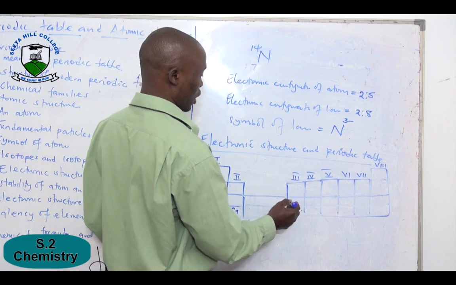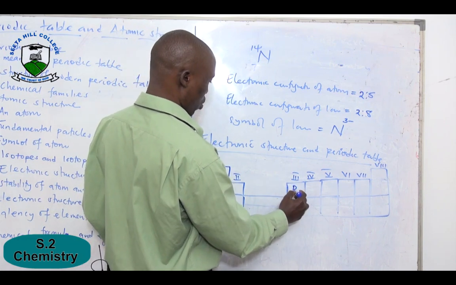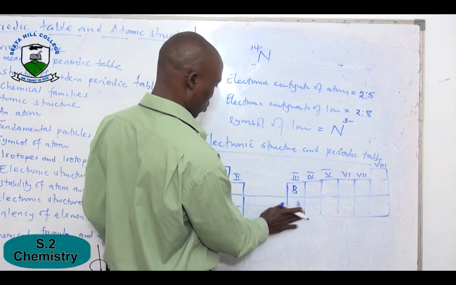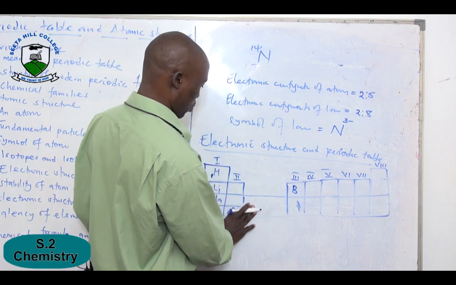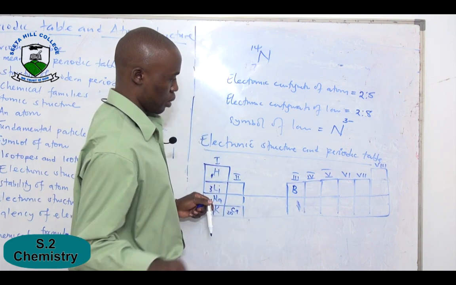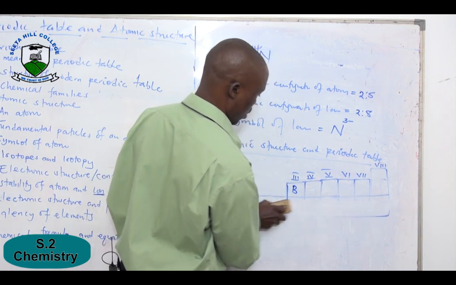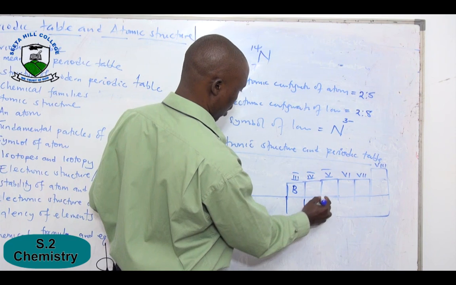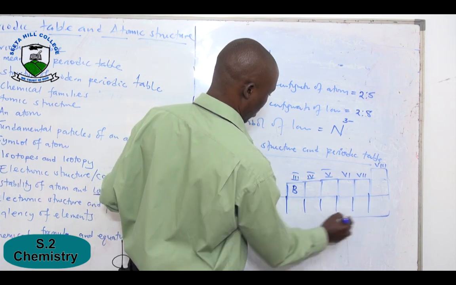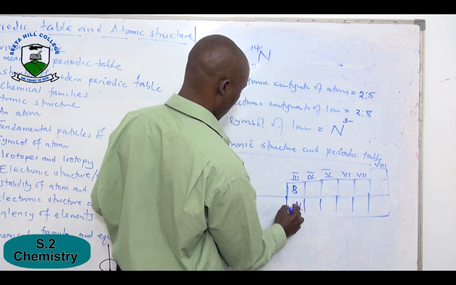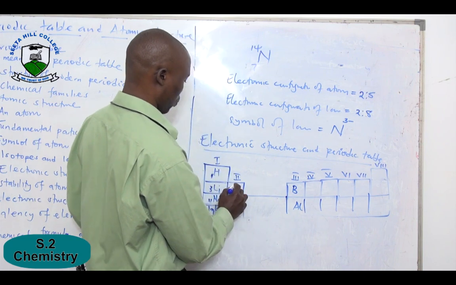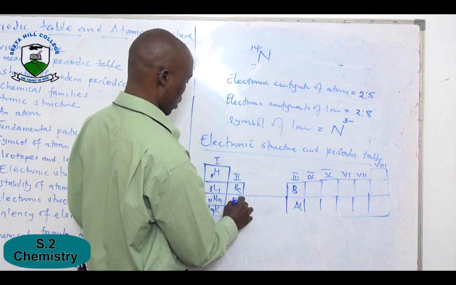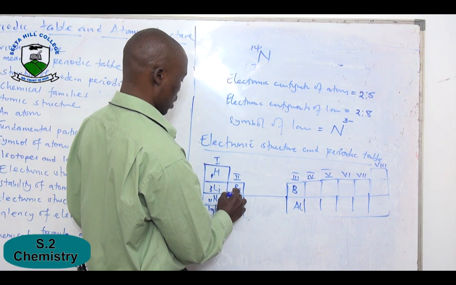Here was boron, aluminium, sorry. Aluminium, beryllium, magnesium, 12.